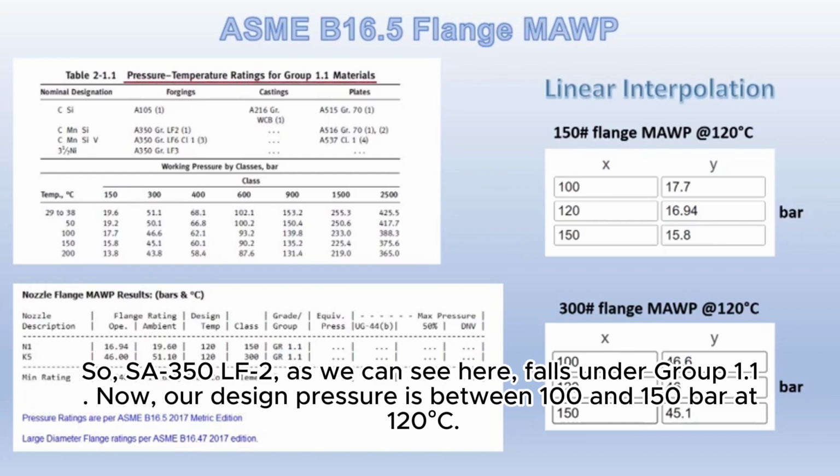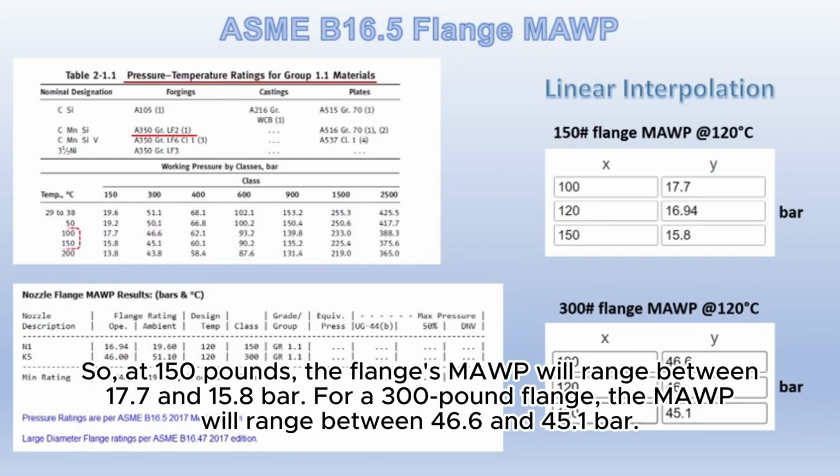Now, our design temperature is between 100 and 150 degrees Celsius, at 120 degrees Celsius. So at 150 pounds, the flange's MAWP will range between 17.7 and 15.8 bars. For a 300-pound flange, the MAWP will range between 46.6 and 45.1 bars.